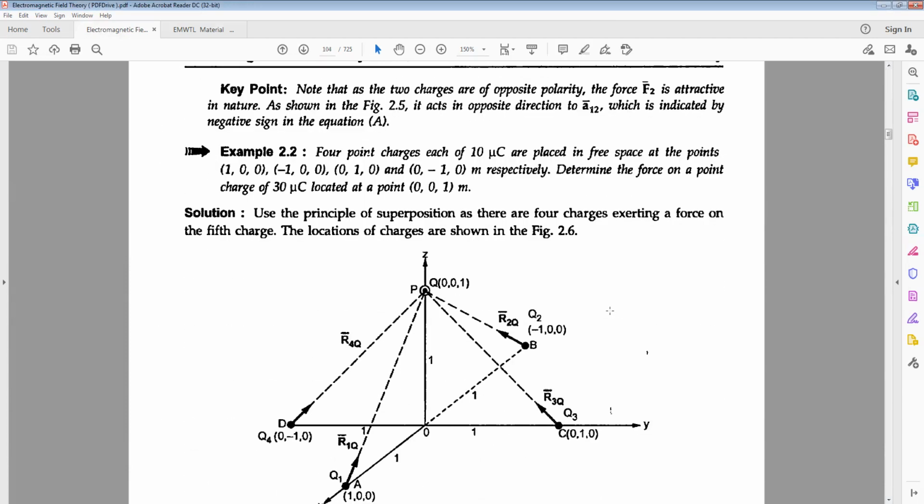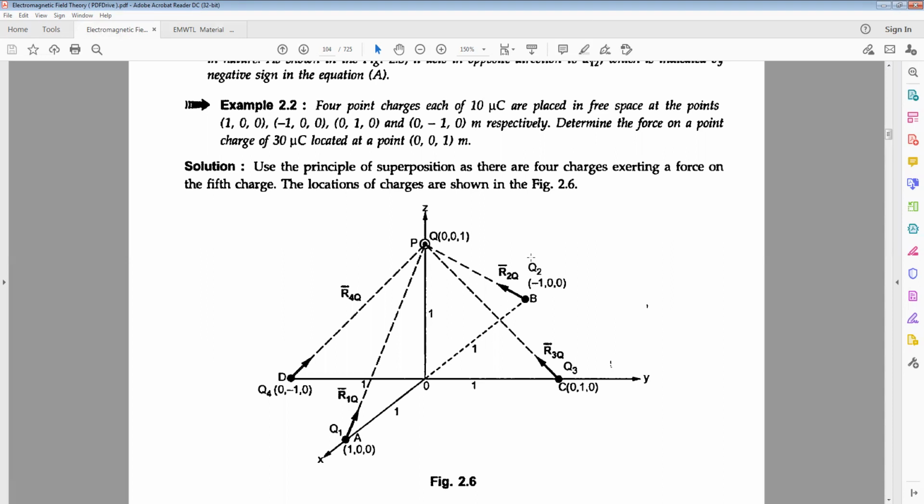The next example here is four point charges. Four point charges, each of 10 microcoulombs, are placed in free space at the points 1, 1, 0, and so on. Let us see in the diagram. The first one is 1, 1, 0, that is A. Let it be Q1.